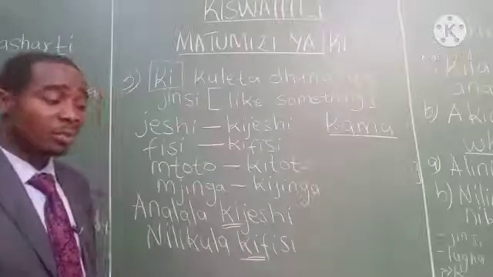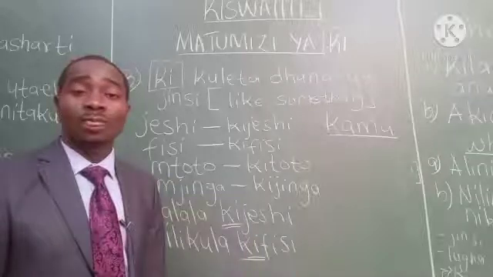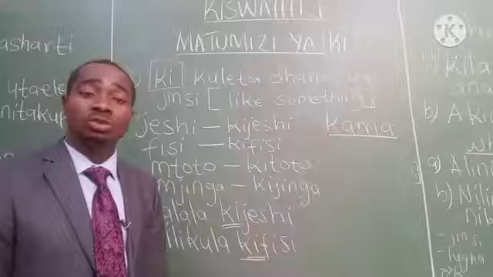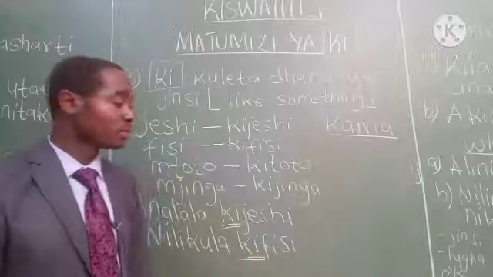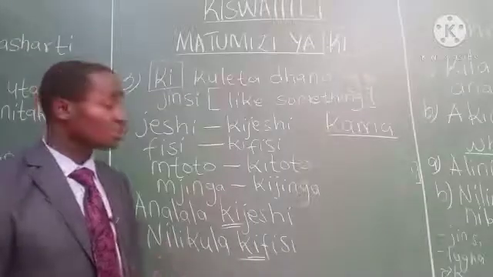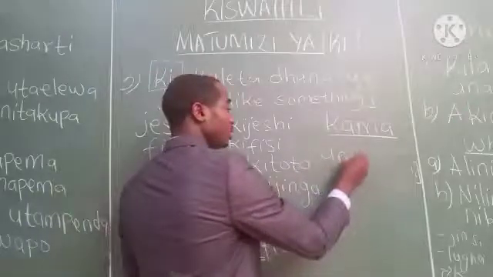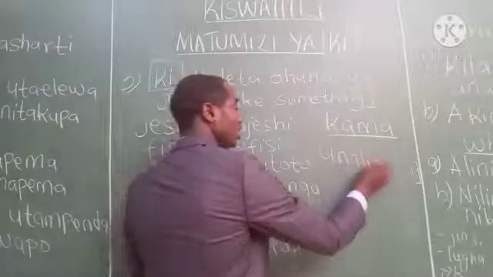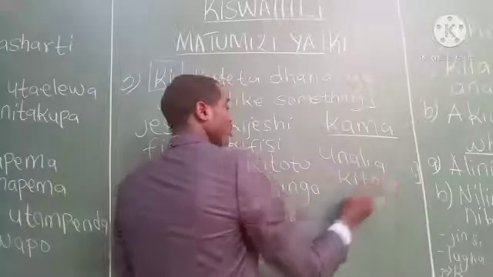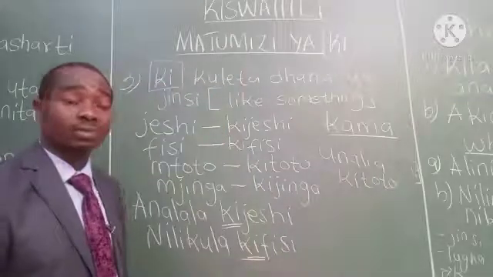People discourage crying by saying unalia kitoto, you are crying like a child. Let me just write here, unalia kitoto, you are crying like a child.